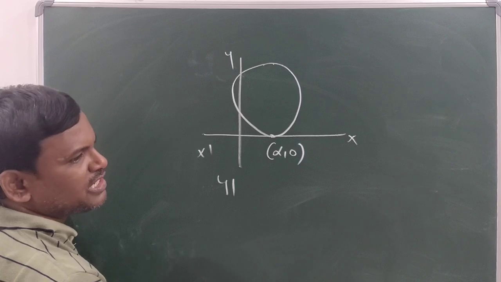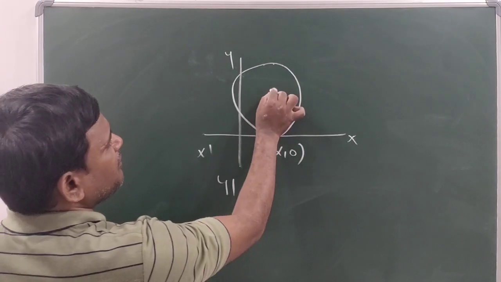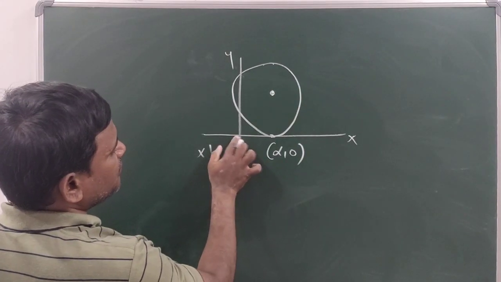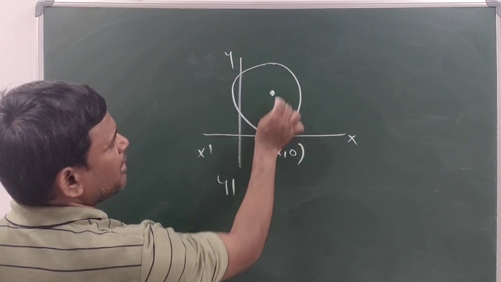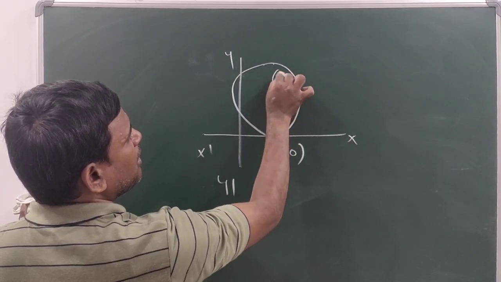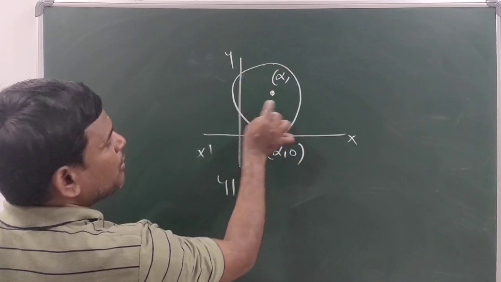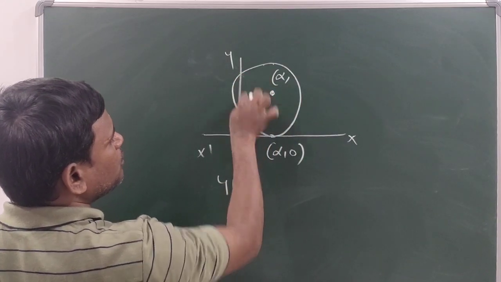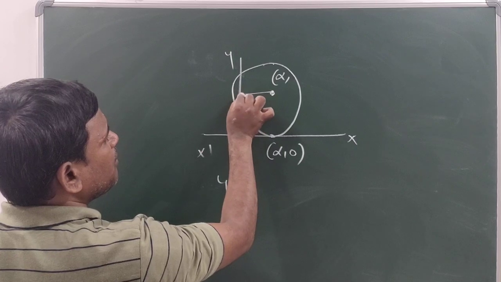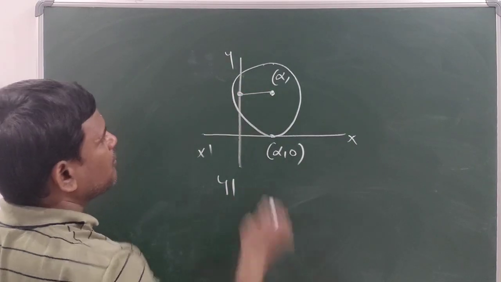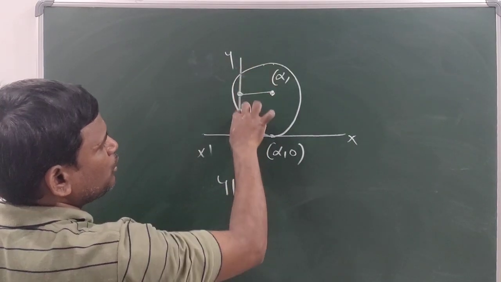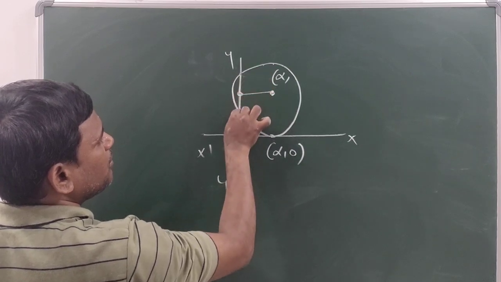How do you find the circle equation? Identify the center. The distance from here to here is alpha, no? Hence the center x coordinate will be alpha. This length is given as 2l. Now drop a perpendicular from the center to this chord. It will meet the midpoint of this chord. Chord length is 2l, so this will be l and this will be l.